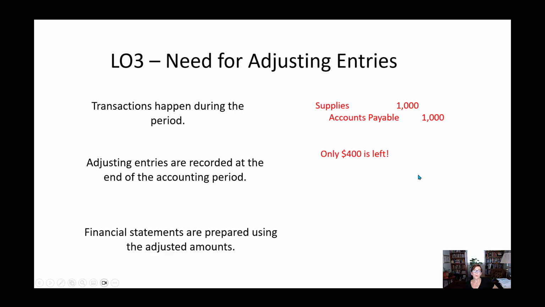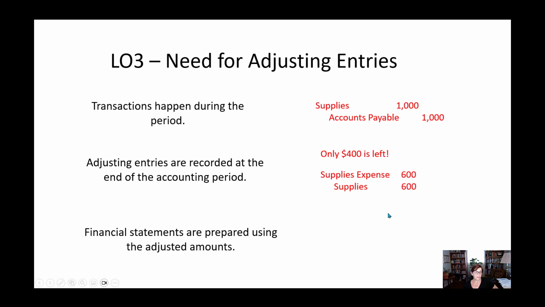All right, so what is our adjustment? Well, we have to reduce our supplies account, right? Because our supplies is showing 1,000, but there's only 400. So we're going to credit our supplies for $600. And we're going to debit our supplies expense. Supplies expense is for the amount that you used up. All right.